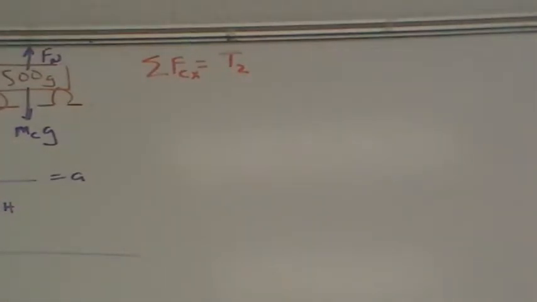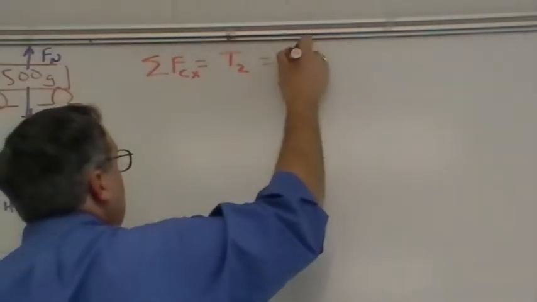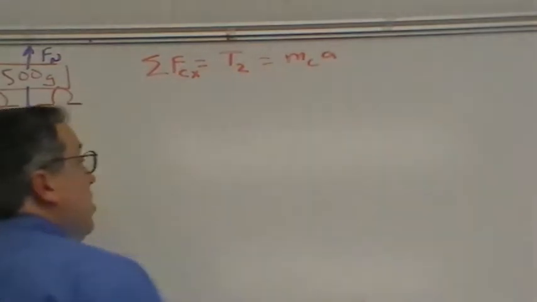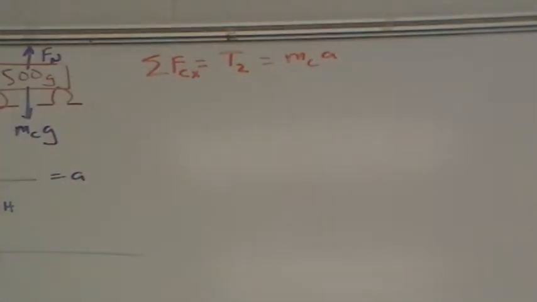Any other forces? What does that equal? The mass of the cart times the acceleration. I've got a system with three different masses, so we have to keep them straight. Can you solve that for anything?